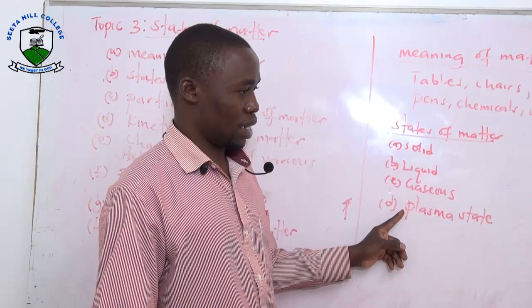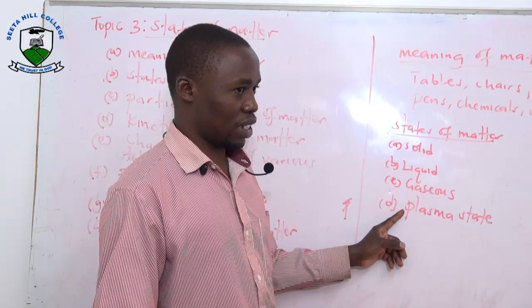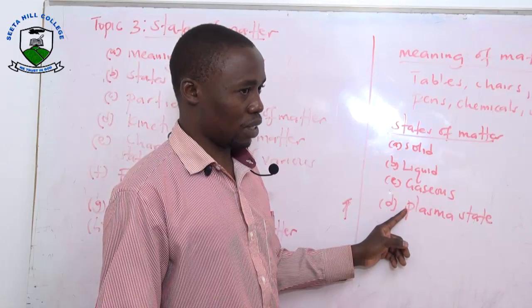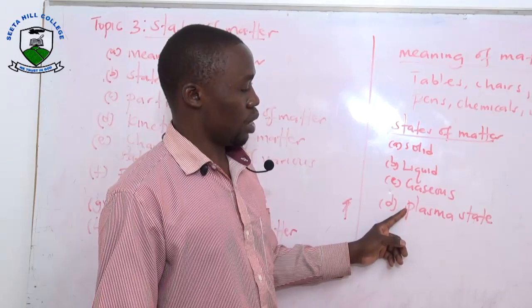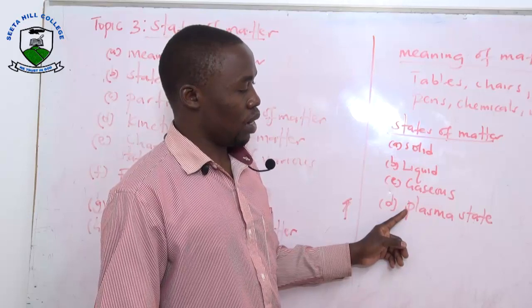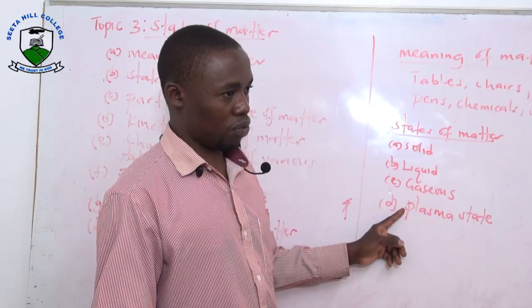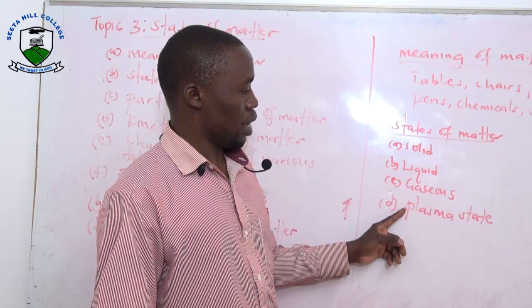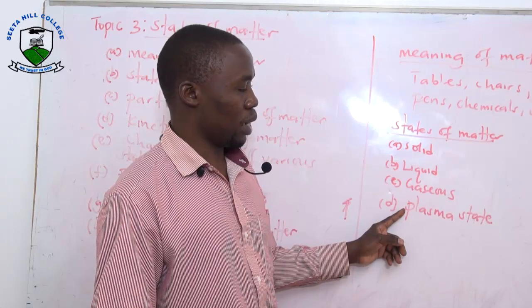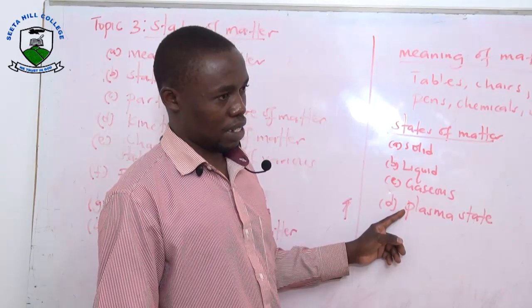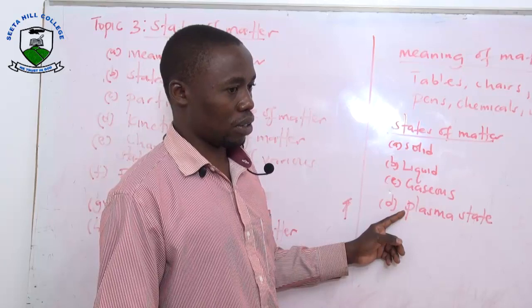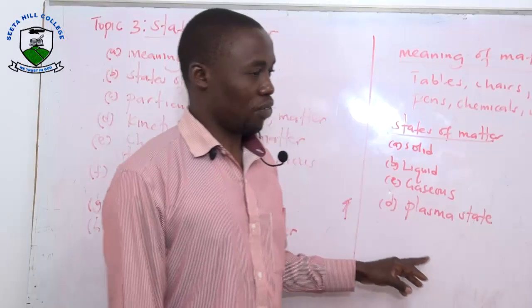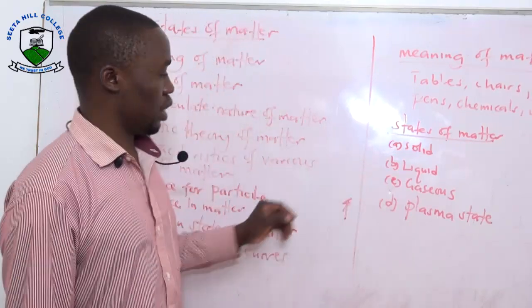Plasma state is a gaseous form of matter with charged particles consisting of positive and negative charges. It is very important to scientists, very important in transmission of radio waves. And it's near very hot places like the sun, because the sun is very hot and causes the gaseous molecules to get charged. Now that's the fourth state of matter. I hope now everything is clear.